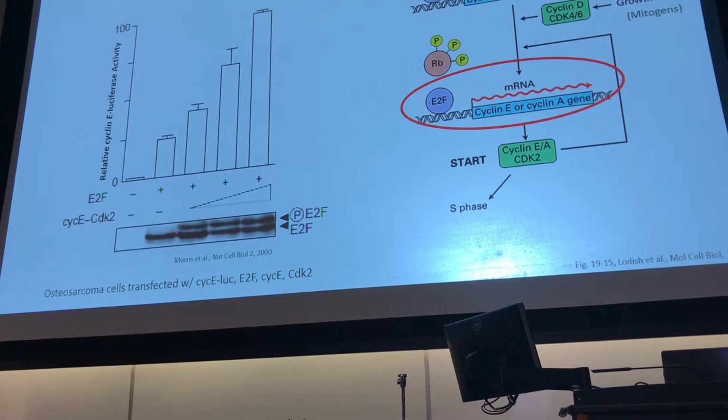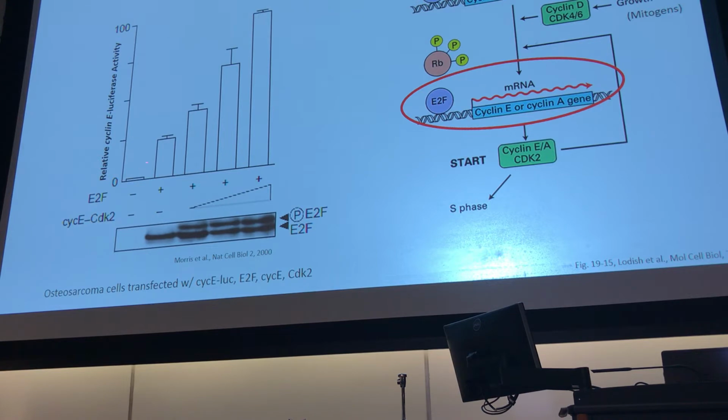And what you see here is phosphorylation of E2F. So now let me just back up so that this doesn't get even more convoluted. One of the ways that E2F is activated is through phosphorylation by cyclin E CDK2. So not only does cyclin E CDK2 phosphorylate RB, but it also phosphorylates E2F to help activate it in this instance, and that's what they're showing here.